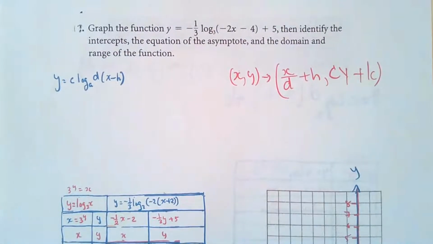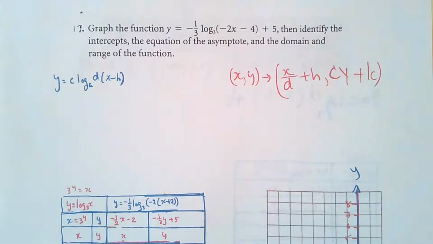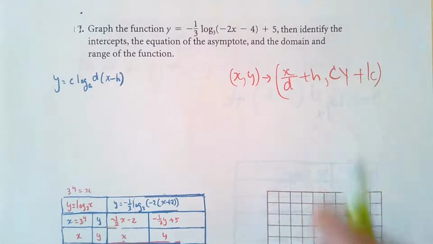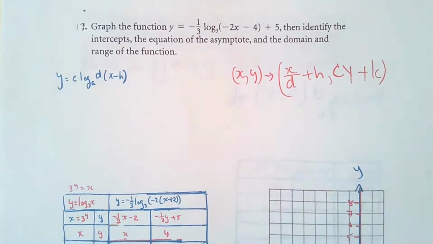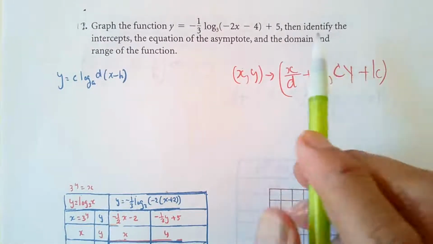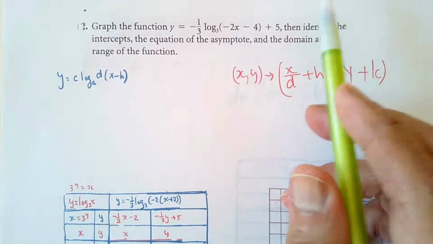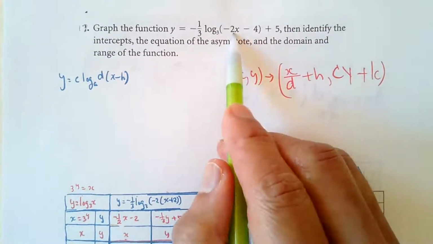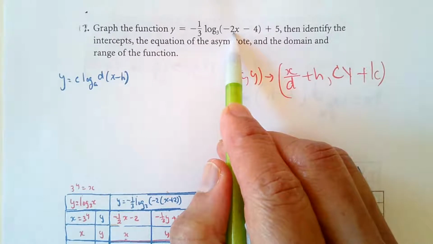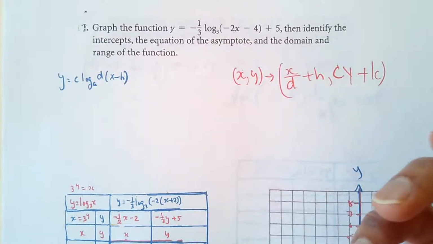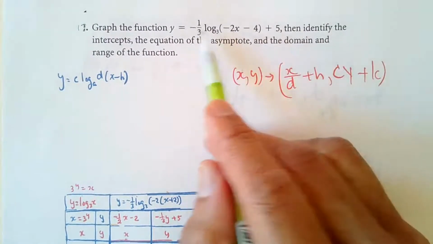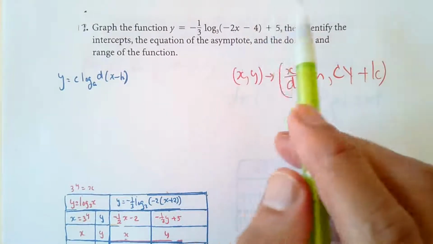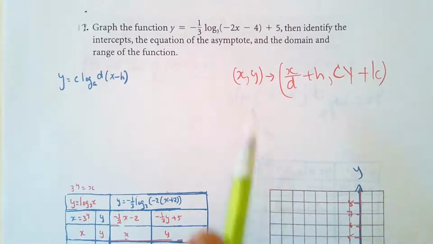Graph the function negative 1/3 log 3. The reason why I would like to cover this question is because it is a variation from most of the other questions. So you have to be careful with this question because here you need to factor out, in this case, the -2 to simplify it. And secondly, we repeat our process as before.